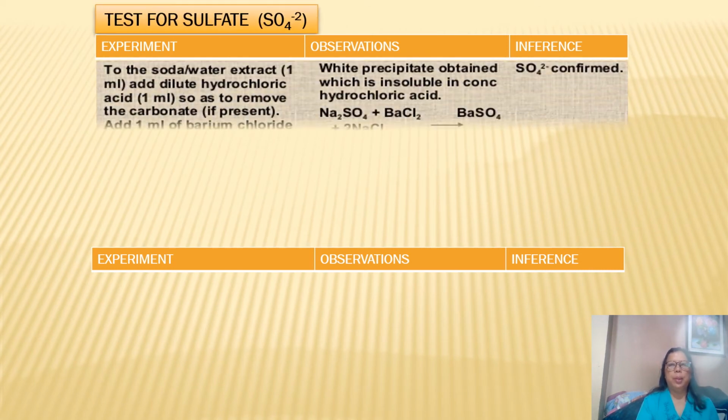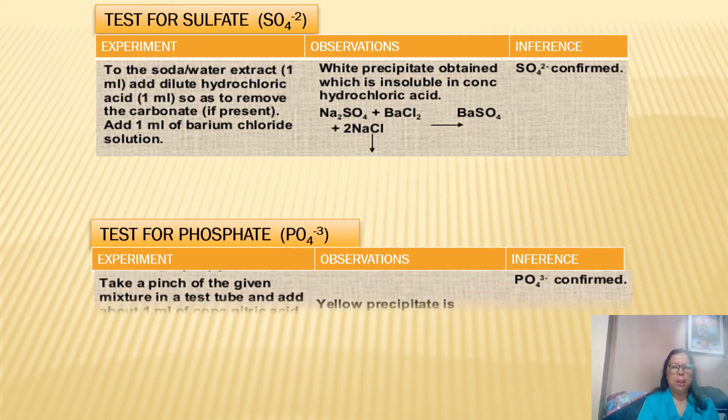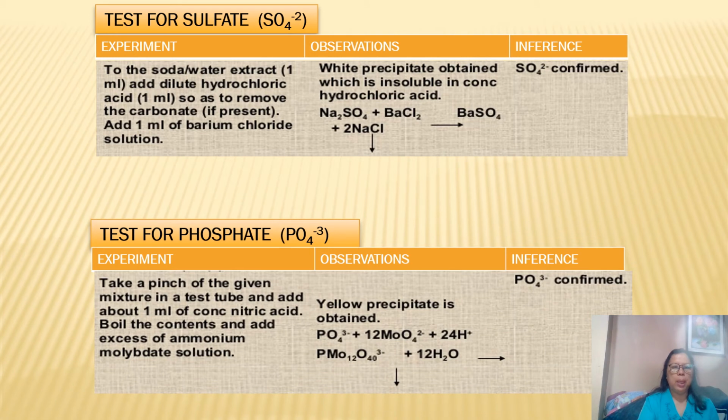And then for test of sulfate, upon the addition of sulfuric acid and the addition of barium chloride will give white precipitate. And then for test of phosphate, upon the addition of nitric acid, take note, nitric acid is added here.